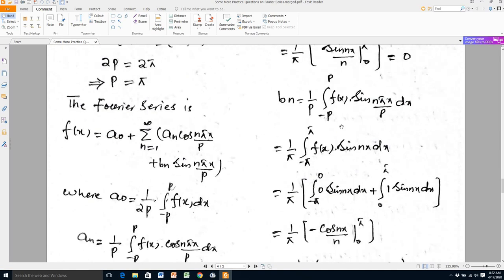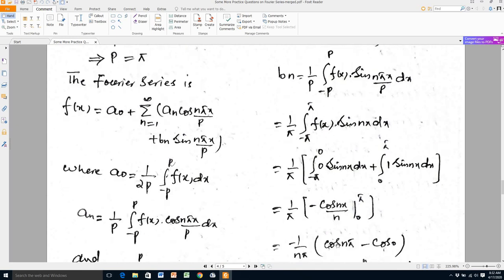So now we take Bn, 1 over p integral from minus p to p f of x sine n pi x over p dx, 1 over pi, again substituting the value of p here, and then again I split the integral over the given intervals. Here you get minus pi to 0. In this interval the value of the function is 0, so it becomes 0. The other is 0 to pi sine nx dx. When you integrate this you get minus cos nx divided by n from 0 to pi.